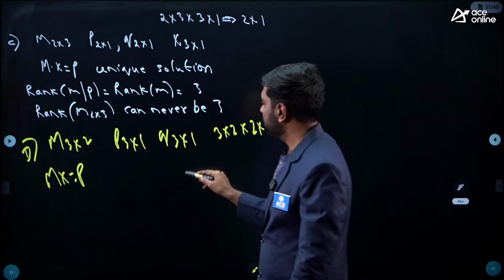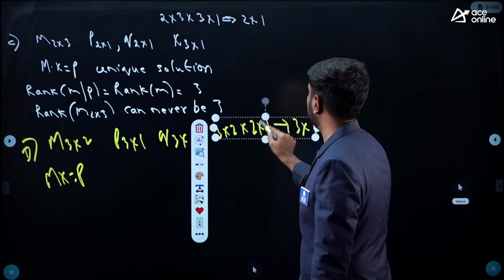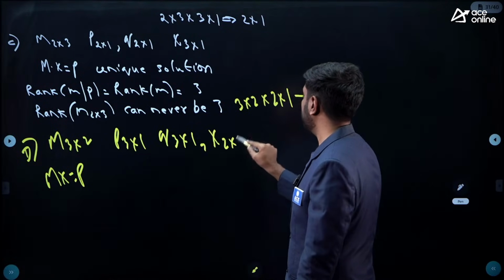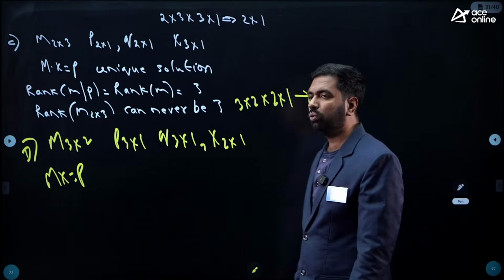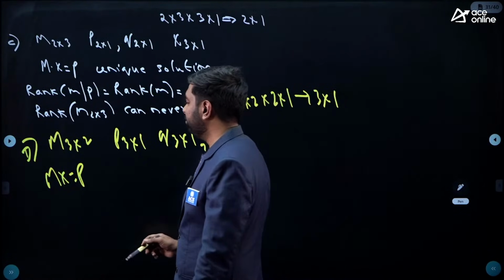So x should be a 2 cross 1 vector. What is x, students? x should be a 2 cross 1 vector. That means there are only 2 variables. And I want Mx equal to P to have a unique solution.